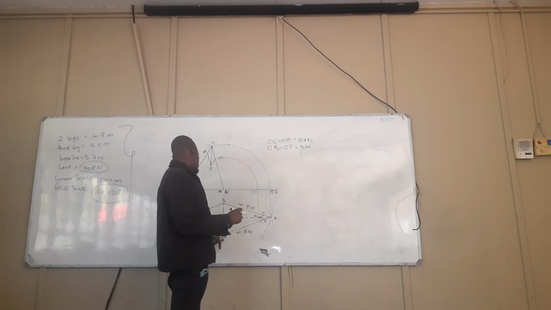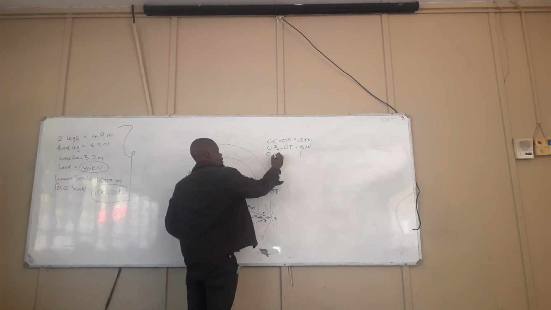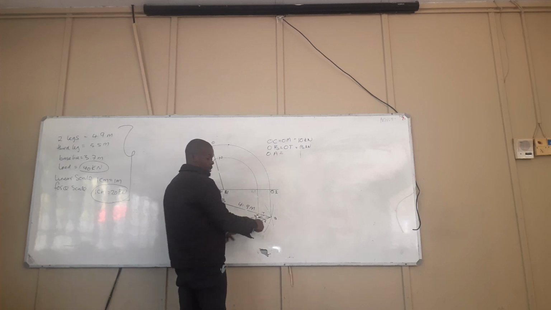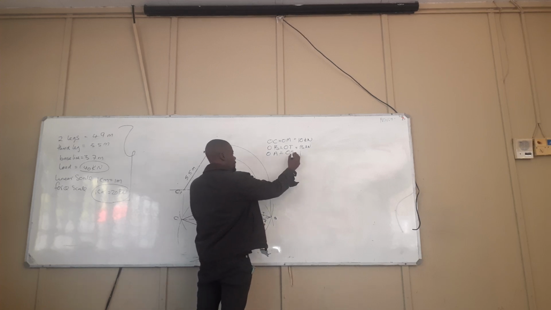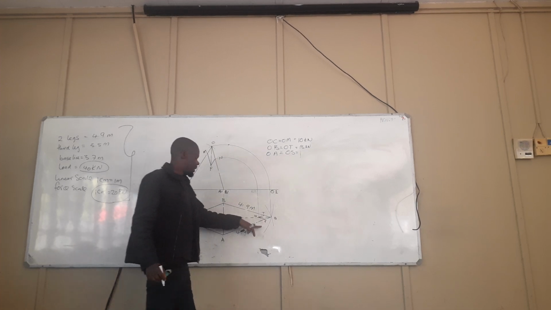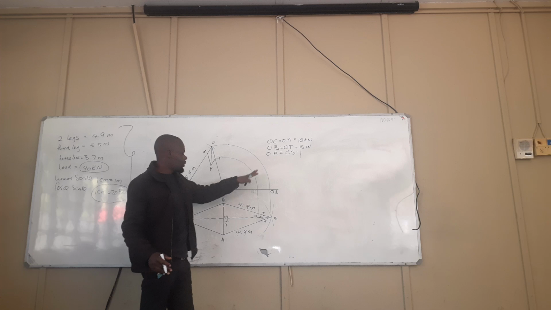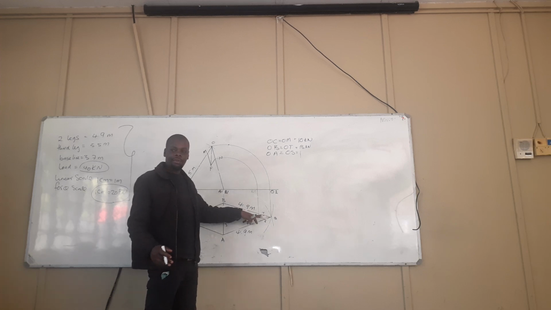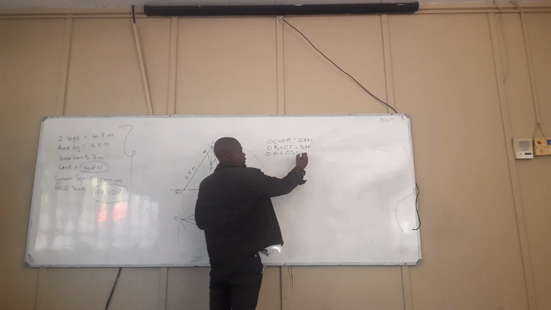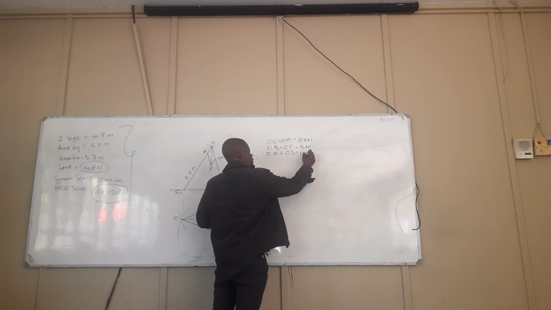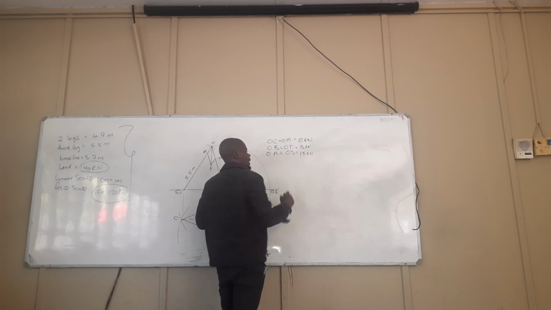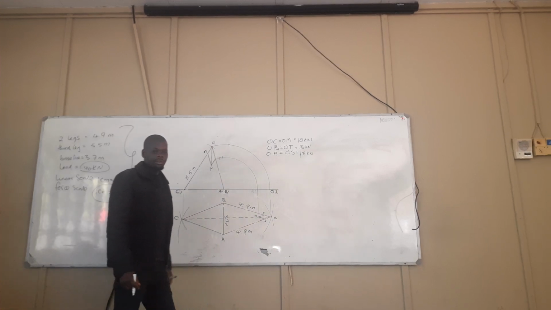So on leg OM, OA is equal to OS. You measure the line, and I believe you are going to get the same length. If you've done your work carefully, you get plus or minus 18 kilonewtons.